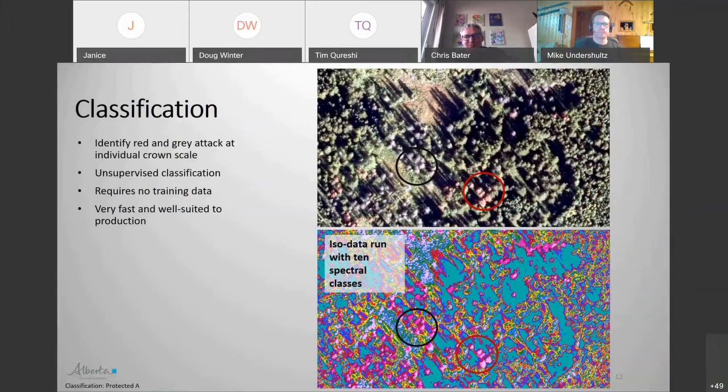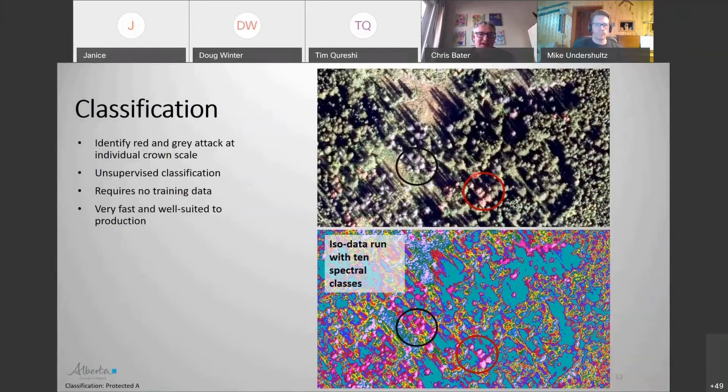Mike, if you could just point out the circled trees with your pointer. Yeah, here. So on the top you have an image, and actually it's a stack of data: the 4 bands plus NDVI in a band stack. I did this in about 3 minutes.